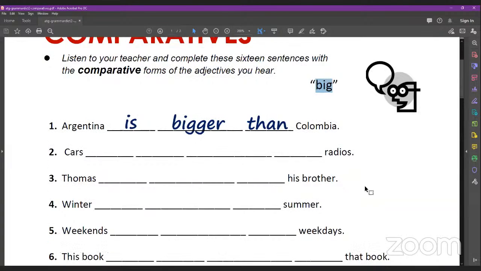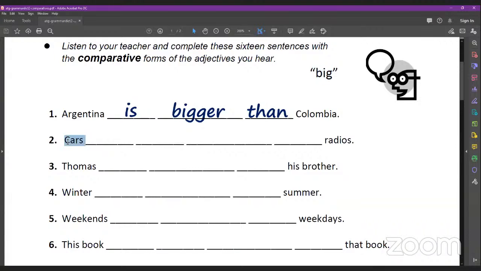In exercise number 2, we have cars and radios. So there are 1, 2, 3, 4 blanks. And I want you to think of a good adjective for comparing cars and radios. When you get a good or suitable adjective, work in comparative form.